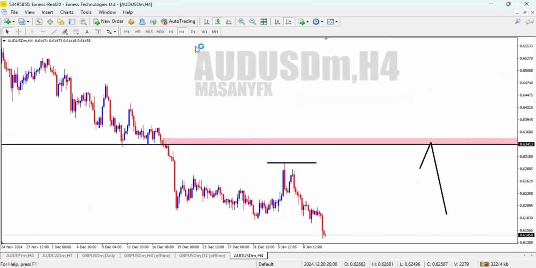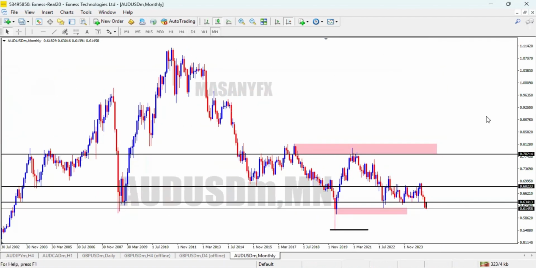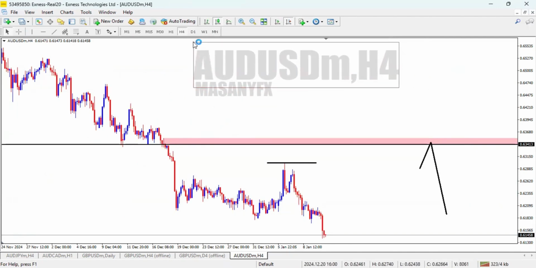This is what I'm expecting. And why am I expecting this? Because it is selling. When the price is selling, you must look for selling opportunities as well. It is selling in a bigger time frame. So this is what I'm expecting in AUD USD.